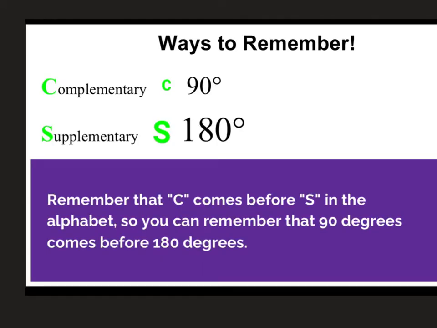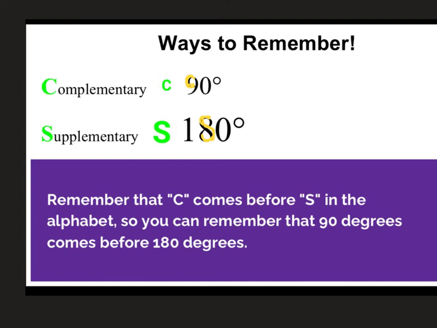Complementary and supplementary are two things that a lot of people mix up, but a couple ways to remember it. First, in 90 degrees, you can't write an S, and this is what I mean by that. We use our C to put a C right in our 9. So there's my C, and then I can draw an S in my 8. So you can't draw an S in a 9.